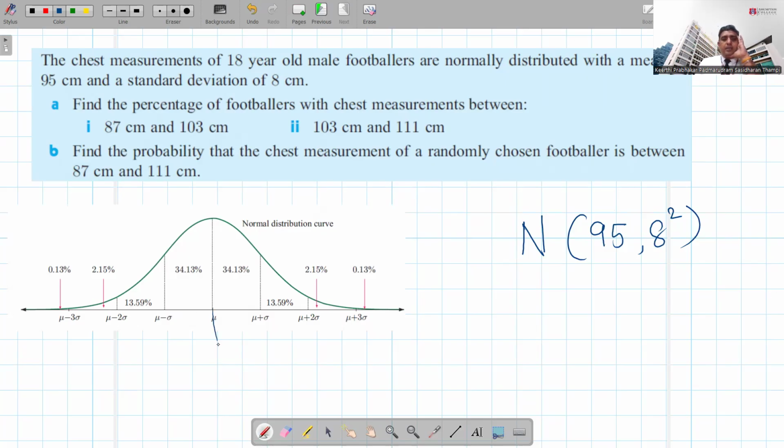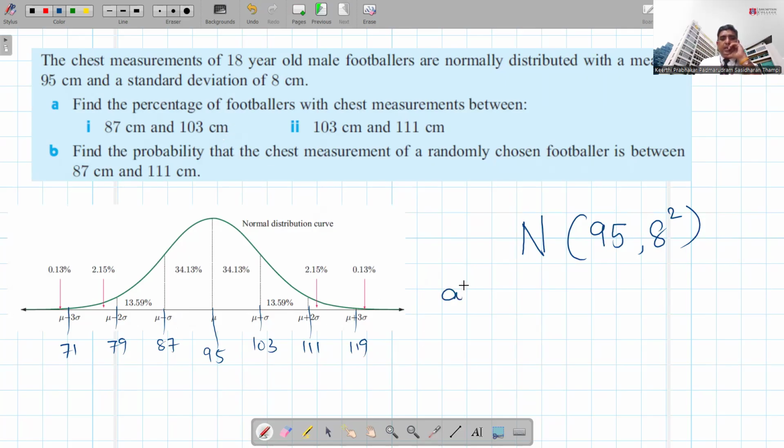The next part is to find the percentage of footballers with chest measurements between 87 centimeters and 103 centimeters. So this here is 95. This here is 103. This here is 111. This here is 87. This here is 79. This here is 71. Clear? So between 87 and 103 centimeters, find the percentage.